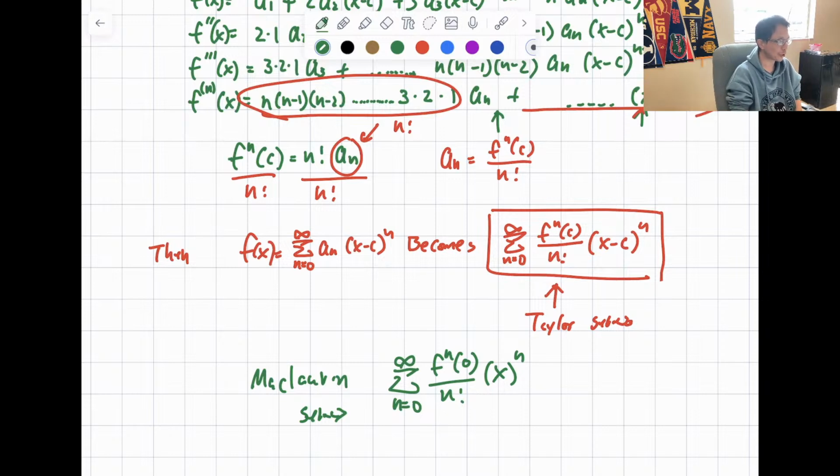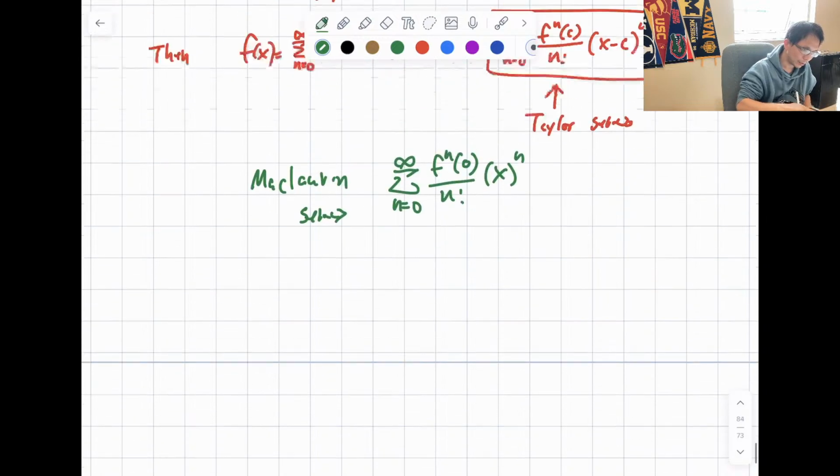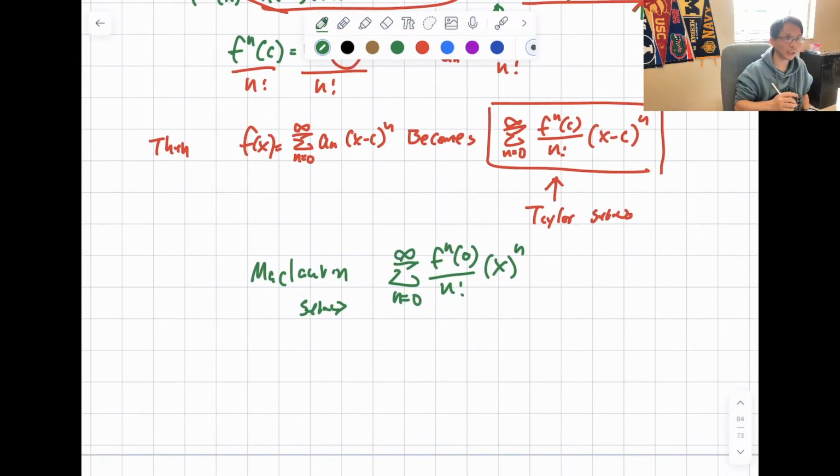So we're going to start with predicting this sine graph. You just plug in 0 for c. Maclaurin says there's no center; center's at 0, that's it.